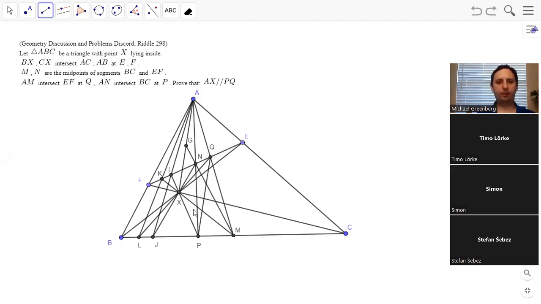So basically everything in this diagram so far we know is true, and we want to show G, I, and L are collinear.